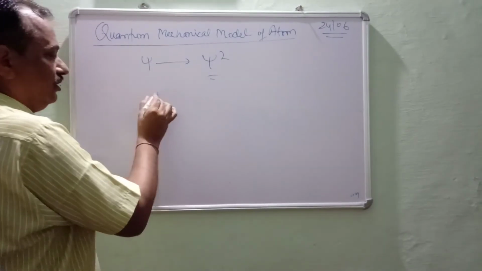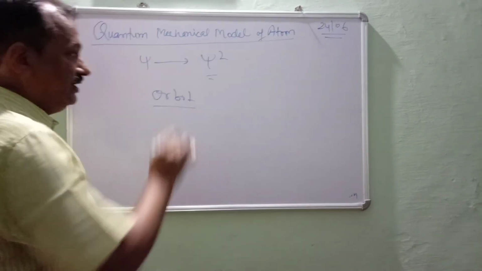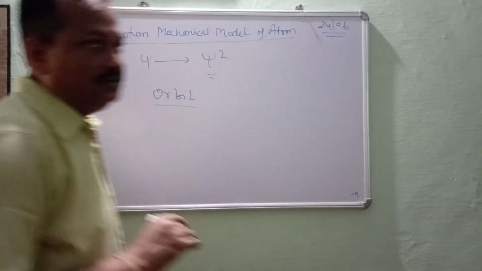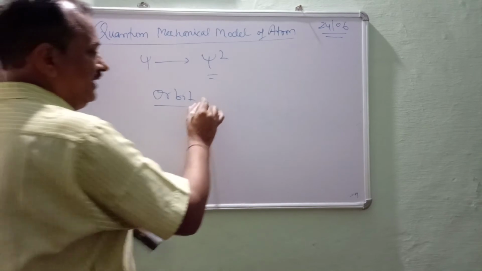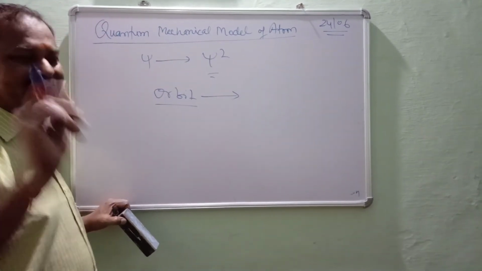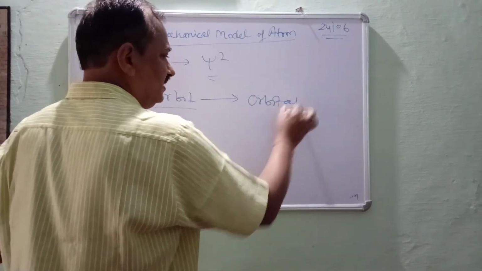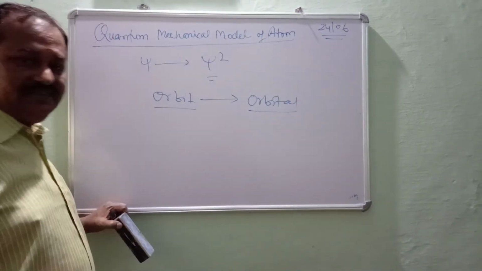You must know about the orbit from class 9th. The orbit is against the modern concept of science, and the concept of orbit was just for the beginning. Then there is the concept of orbital, which we'll see later on.